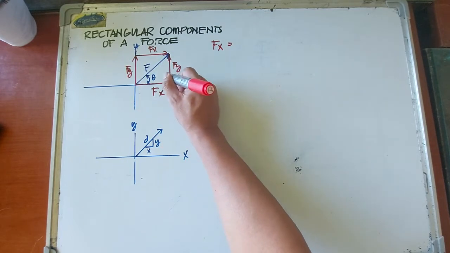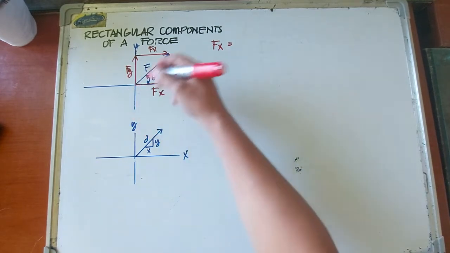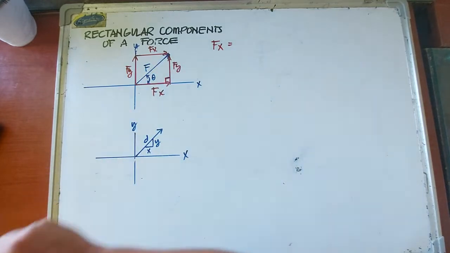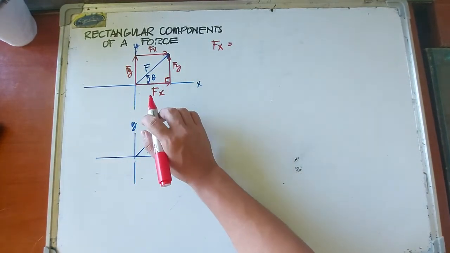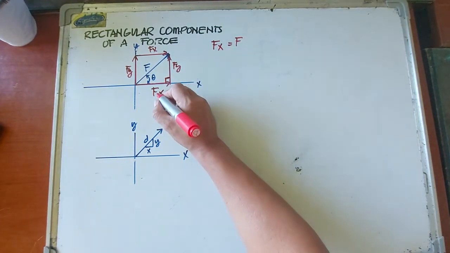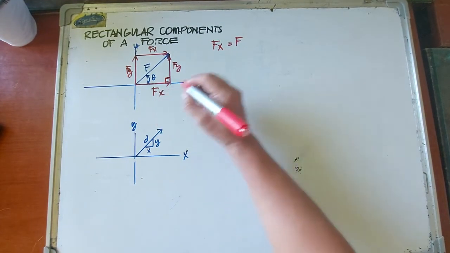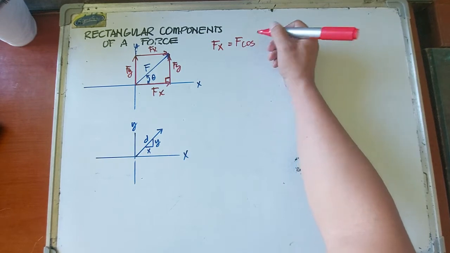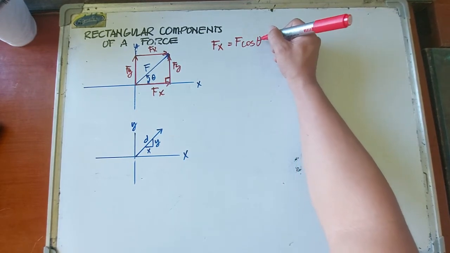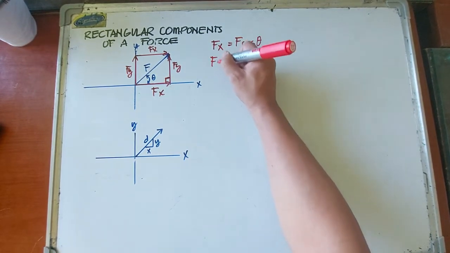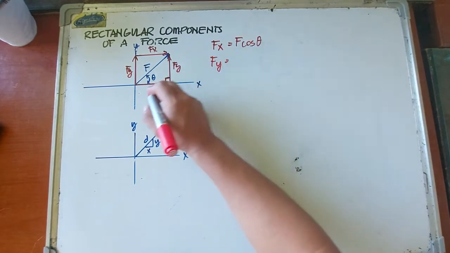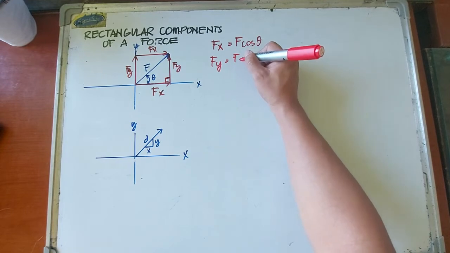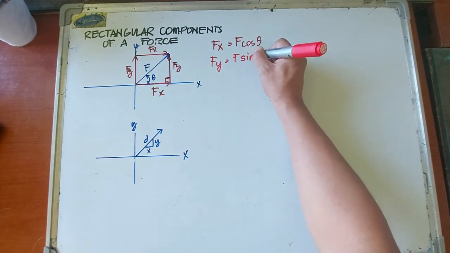So this is the adjacent side. That means fx is equal to f, kapag adjacent, cosine of the angle theta. And fy, so this is the opposite side, which means that fy is equal to f sine of theta.